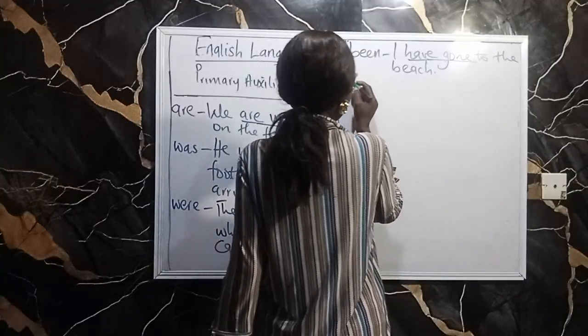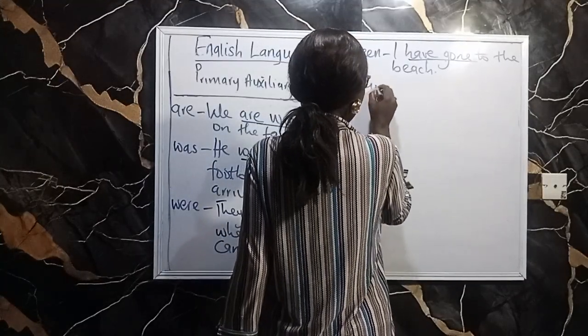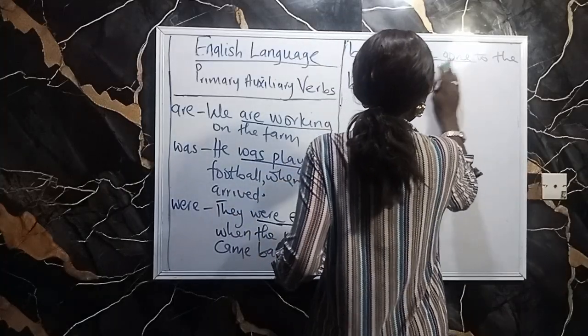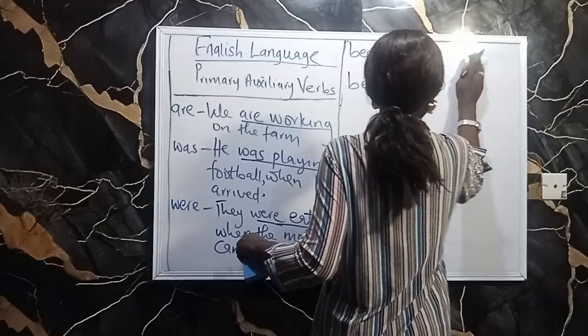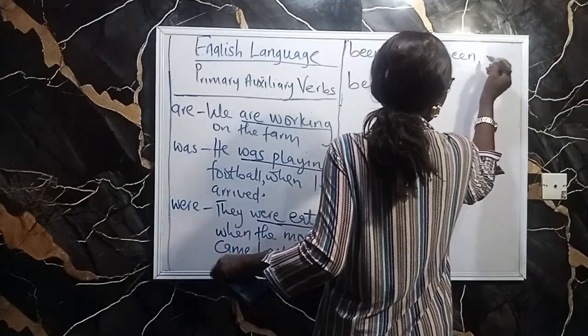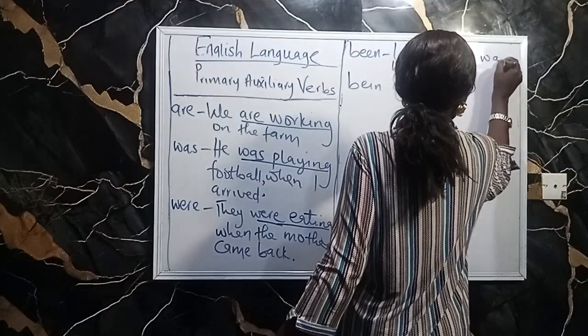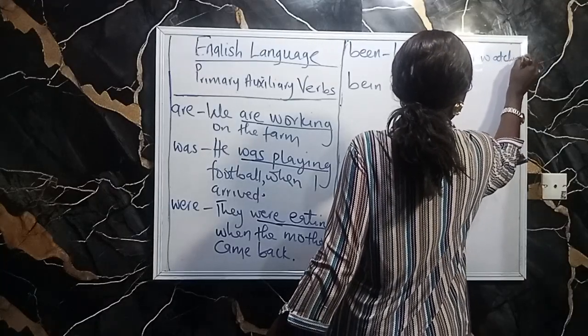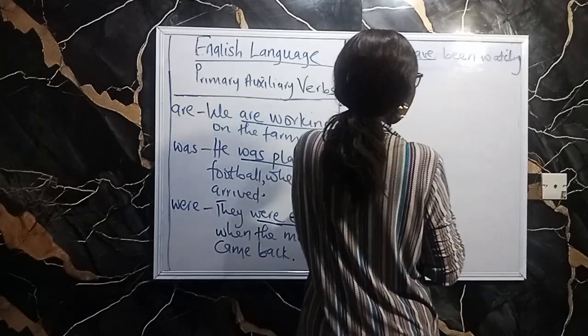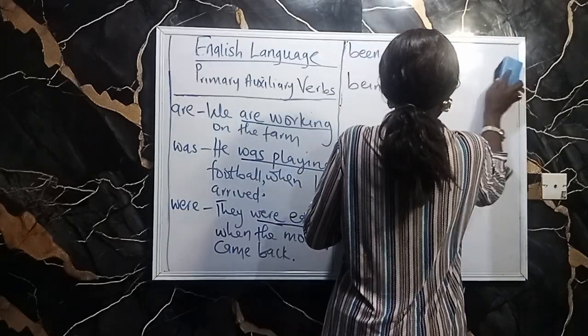Okay, let's use been. Oh, sorry, we did not even put been there. There's a mistake. I have been watching. I've been watching. Let me use this, to rub it off well.